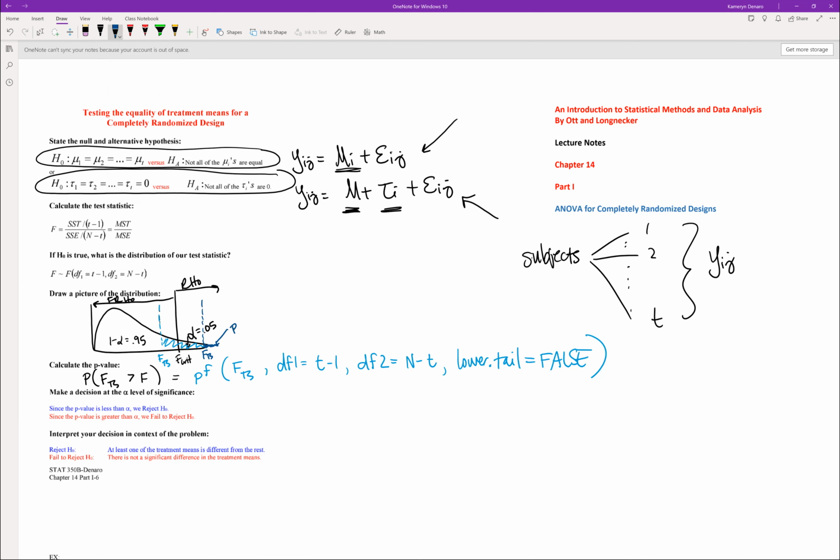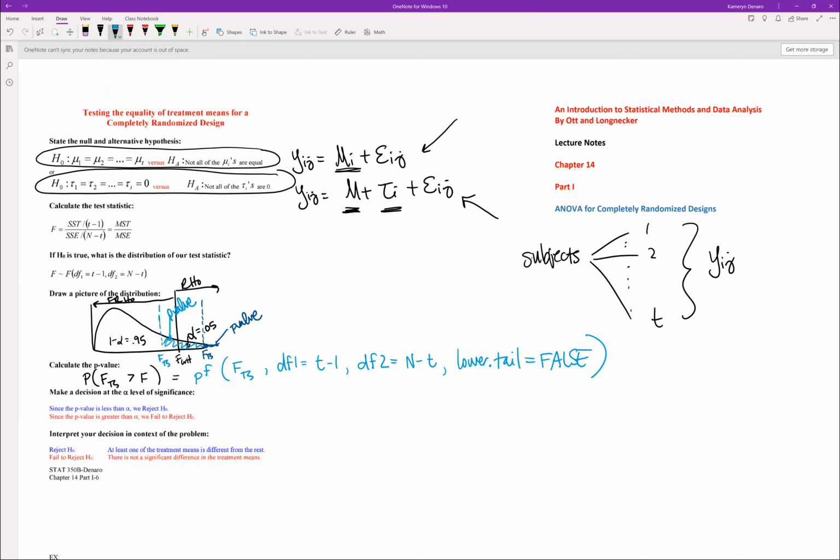That's going to be my p-value. If your p-value is very small, you're going to reject H0. If your p-value is very large, that means you don't have a lot of evidence against the null hypothesis, and you're going to fail to reject. But I probably can't stress enough that there's nothing special about your alpha level. It's a predetermined level. Your p-value is just trying to tell you how much evidence you have against the null hypothesis.